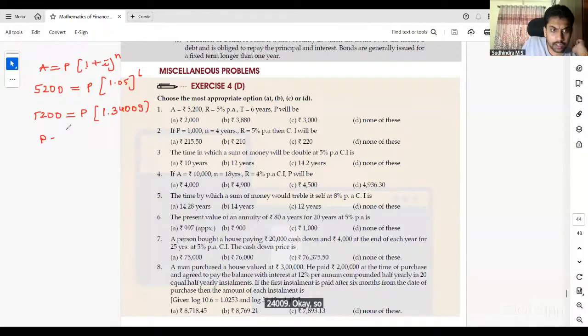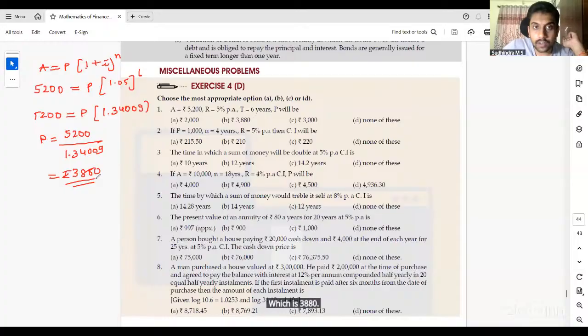So P will be 5,200 divided by 1.34009, which is 3880. Yes, therefore, option B is the right answer. Is that clear?